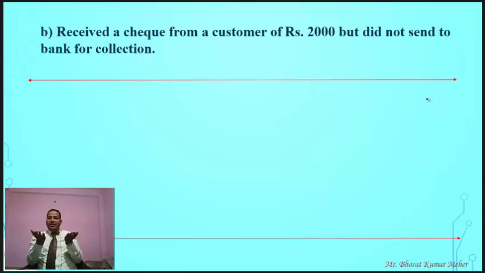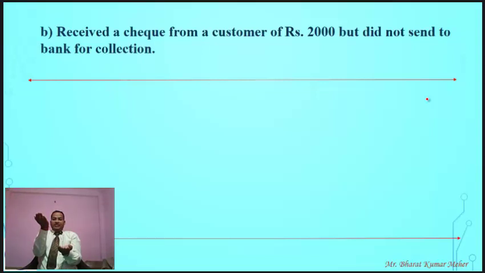So what does it mean? If you have received a check, what will happen to the bank balance in the cash book? It will automatically rise. So the position is that the cash book is more and the passbook is less. And we are preparing the bank reconciliation statement as per cash book.